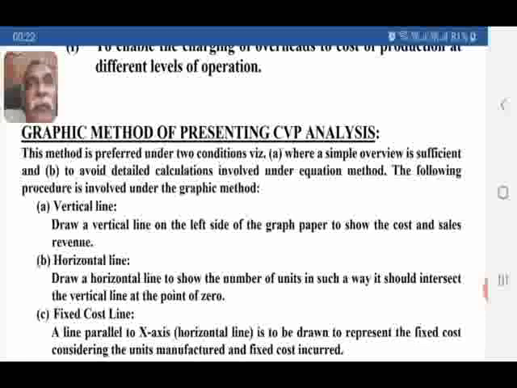Now we can see the graphic methods of presenting CVP analysis, cost volume profit analysis. This method is preferred under two conditions: where a simple overview is sufficient, and second, to avoid detailed calculation involved under the equation method.